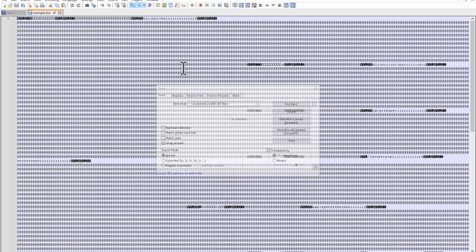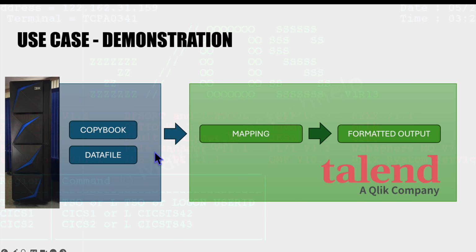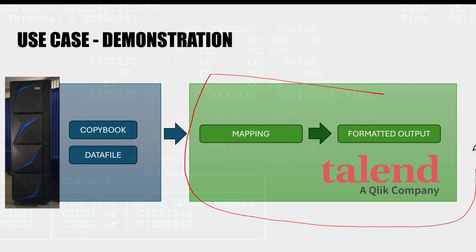This is completely EBCDIC data and non-readable, and we were able to make sense of that data with the help of the copybook and the Talend data mapper. This concludes the tutorial. Thank you very much.